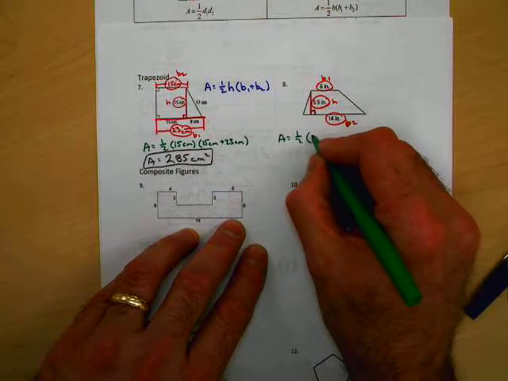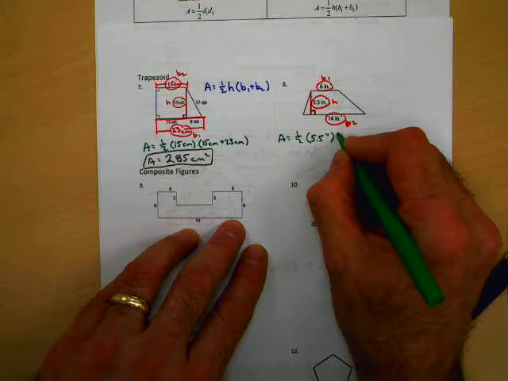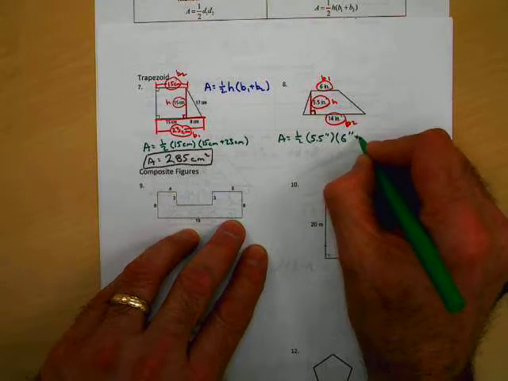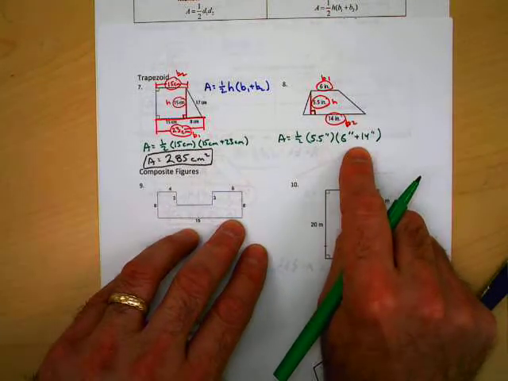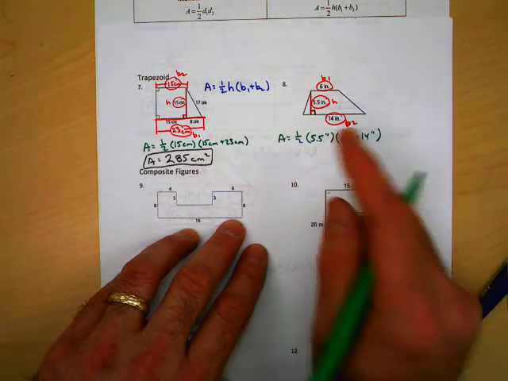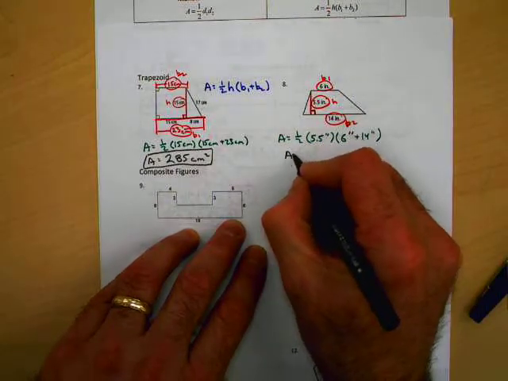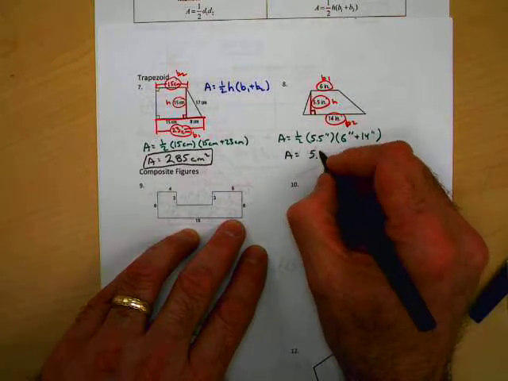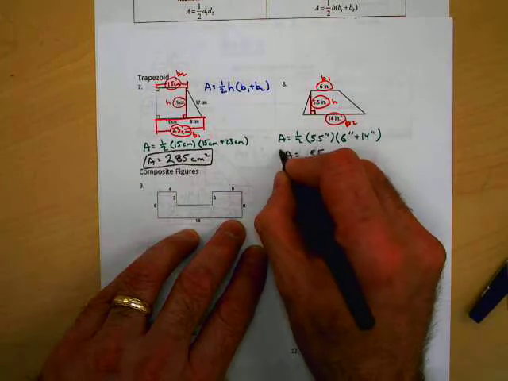Height is 5.5 inches times 6 inches plus 14 inches. That's going to be 20. Half of 20 is 10. 10 times 5.5 is 55. You can let the calculator do all that. Area, though, either way will work, to be 55 inches squared when you multiply those together.